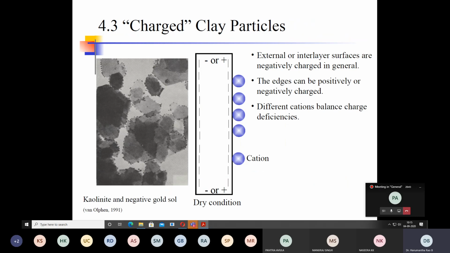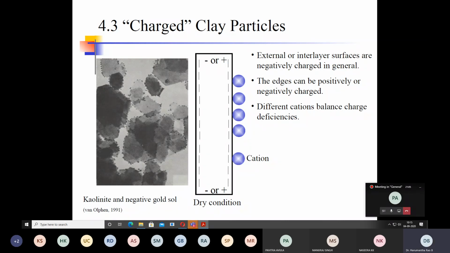Okay. So before I go into the clay water interaction, let me ask a couple of questions. Now we have understood what is the clay particle, how the clay particle forms, how the charge deficiency arises on the clay particle. Now why won't the same thing happen on the sand particle?